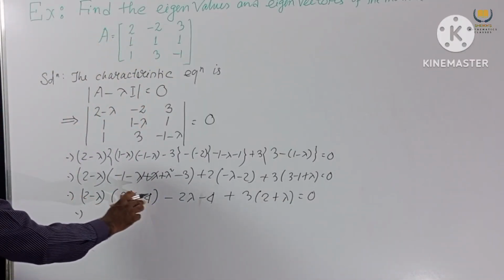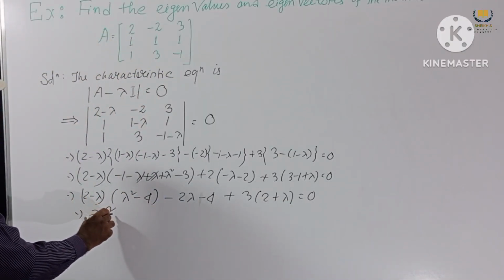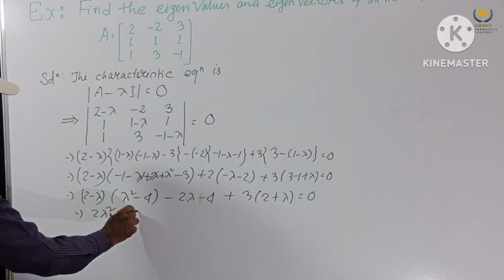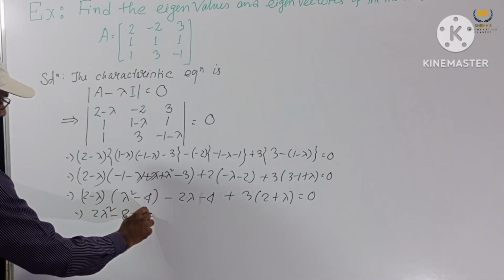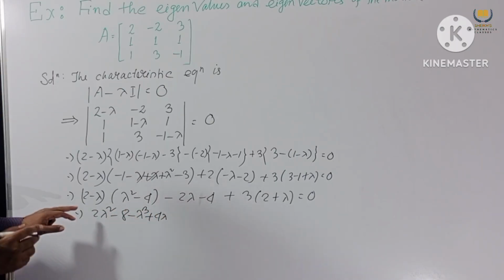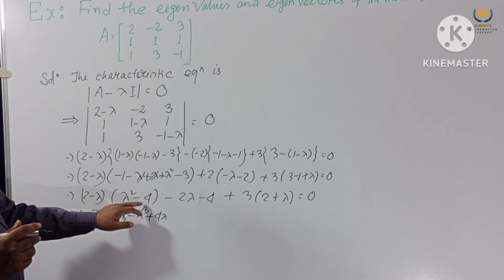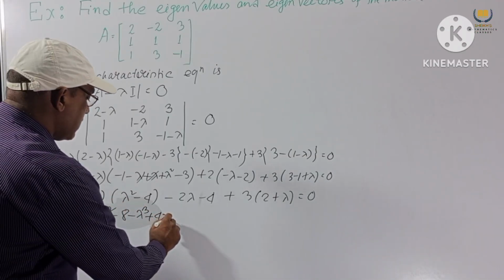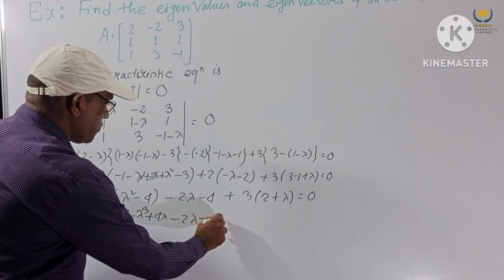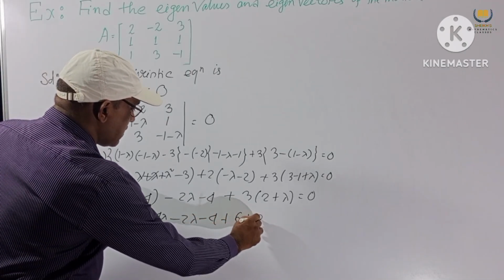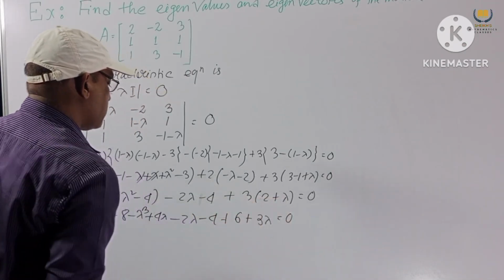Now multiplying, we get 2 lambda square minus 8 minus lambda cube plus 4 lambda, and this is 2 lambda minus 4 plus 6 plus 3 lambda, equal to 0.